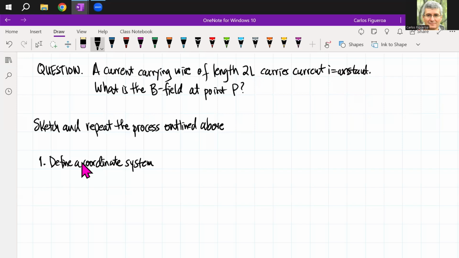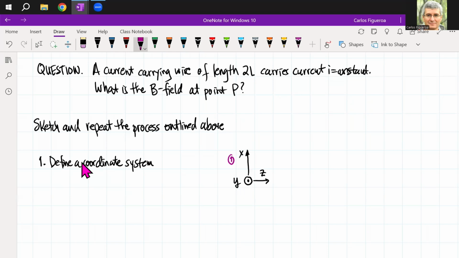I know that it's a constant, so I'm going to say it moves along the x direction. So I need to choose a coordinate system. If I choose this to be my x-axis, then this will be y, and this will be the direction of z. So I would say that this is our first step right here.